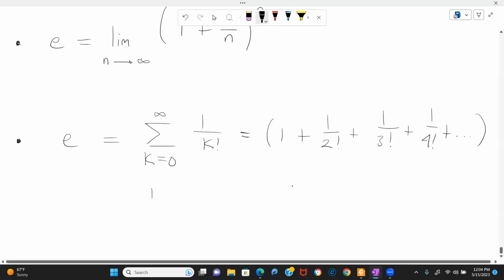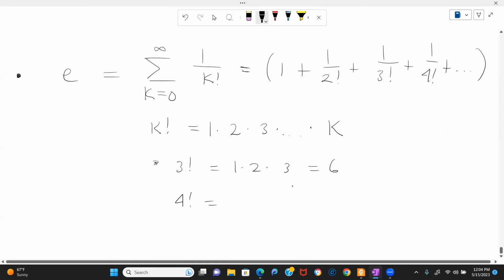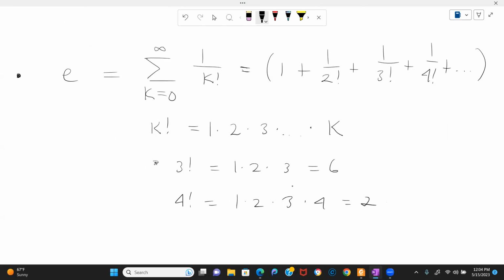And k factorial is just, you take 1 times 2 times 3 all the way up to k. So you take the product of the numbers 1 up to k. So 3 factorial would be 1 times 2 times 3, which is 6. And then 4 factorial would be 1 times 2 times 3 times 4, which is 24, and so on. You can compute the rest of them.